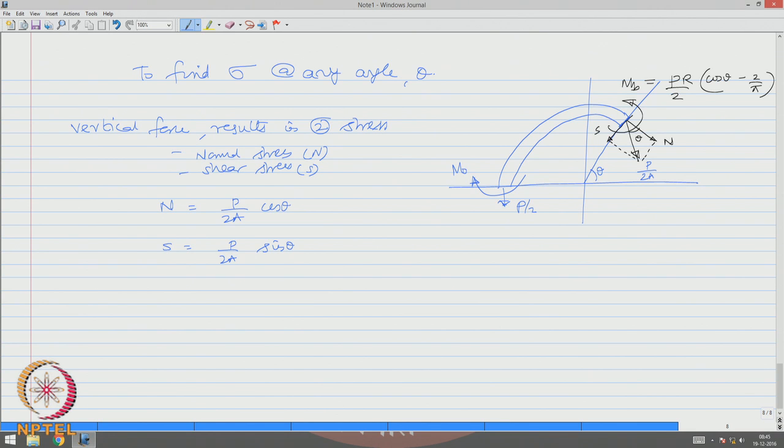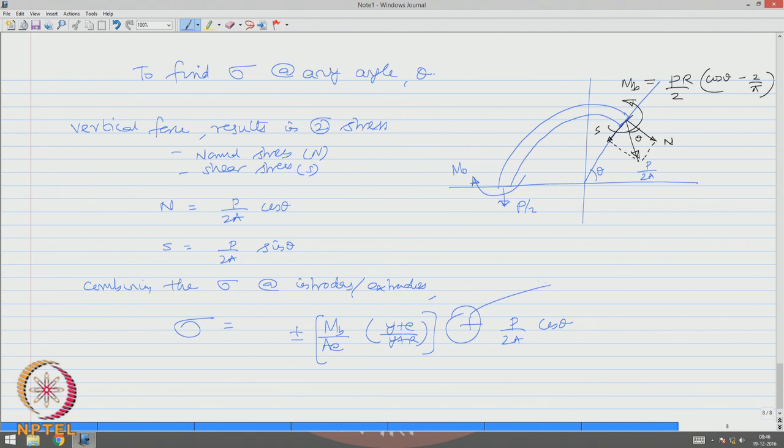We also know that, combining the stresses at intrados and extrados, we now say stress is simply given by Mb by A e of y plus e by y plus r, plus P by 2a cos theta.